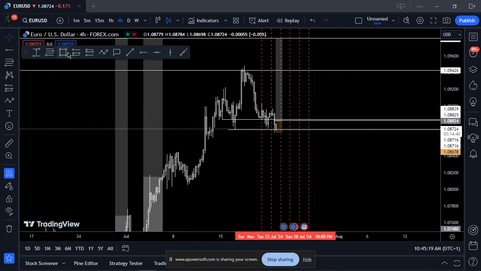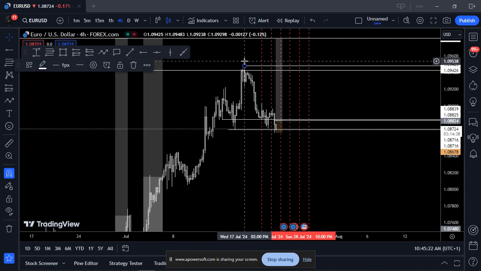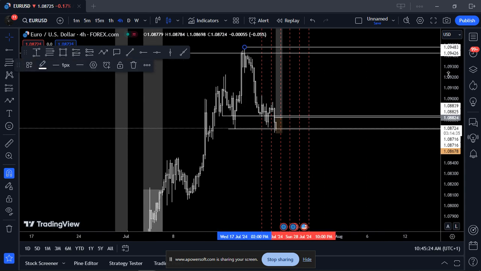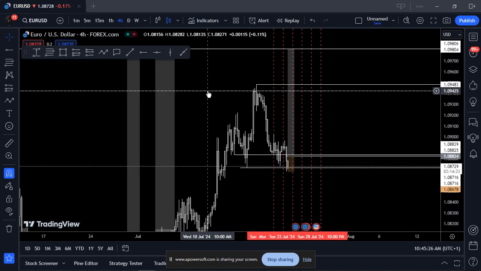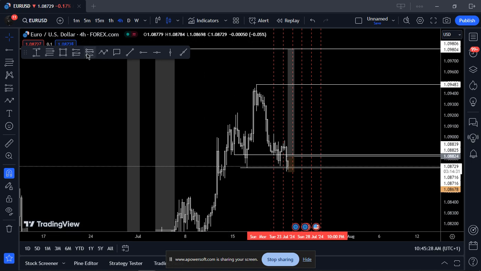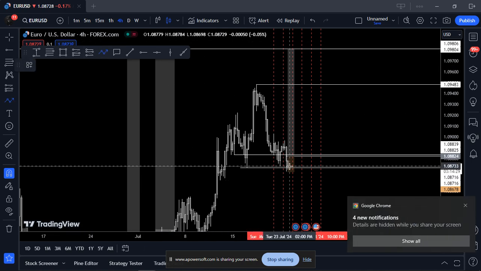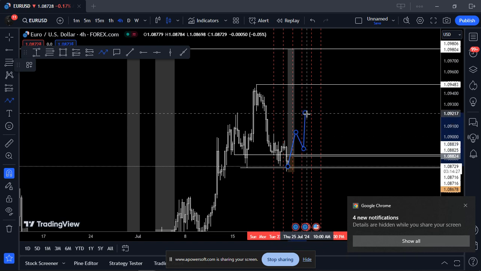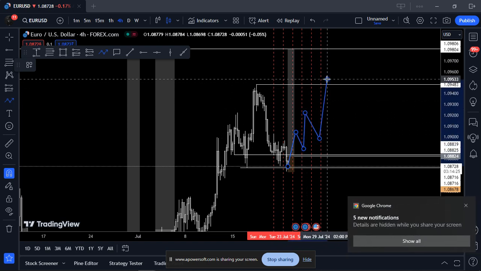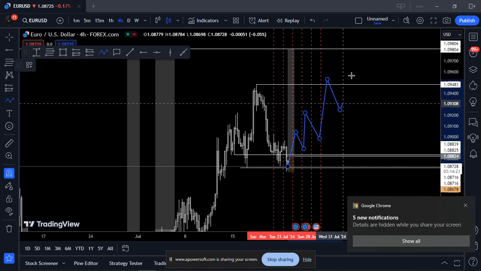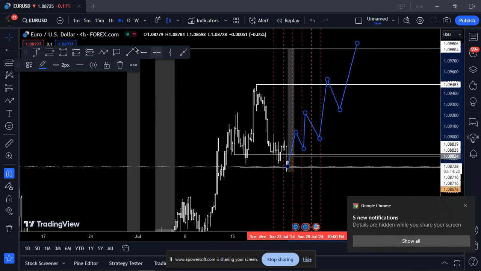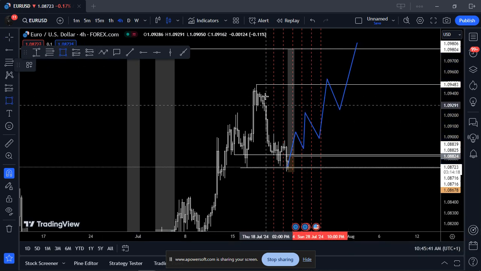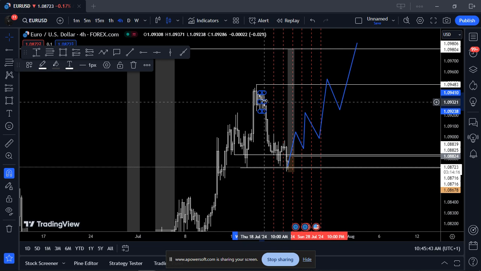Let me give it to you. There's a high here. Let me delete this. There's a high here. Price will probably come all the way and cross it. There'll be a pullback before it comes here. So we'll avoid entering within this zone.